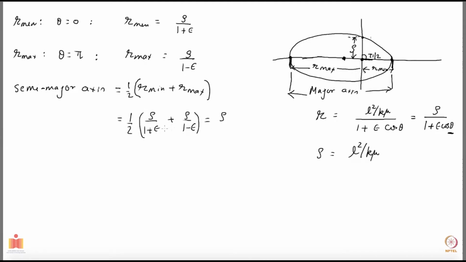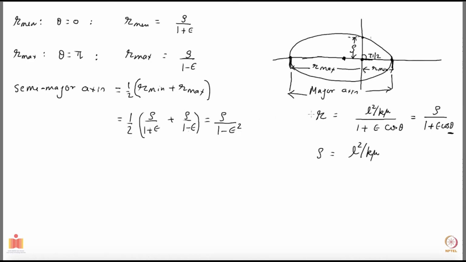So you have rho over 2, but when they go up in the numerator, they bring a factor of 2, which will cancel this 2 in the denominator, and you get rho over 1 minus epsilon square. Okay, that's your semi major axis. Let's check whether it's correct. Okay, yeah, that's correct.